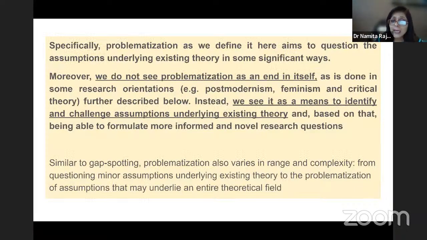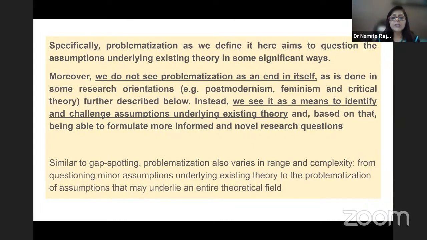Problematization, as we define it here, aims to question the assumptions underlying the existing theory in some significant ways. Moreover, we do not see problematization as an end in itself, as is done in some research orientations such as postmodernism, feminism, and critical theory.